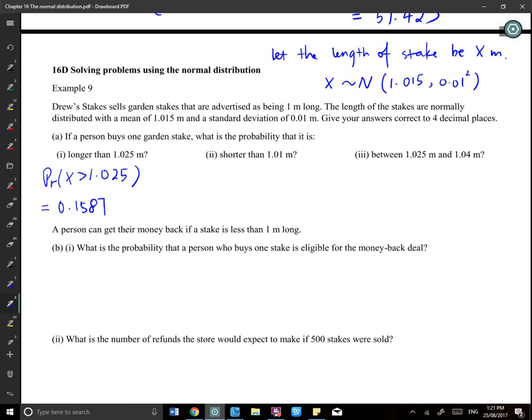Shorter than 1.01, so it's x less than 1.01.